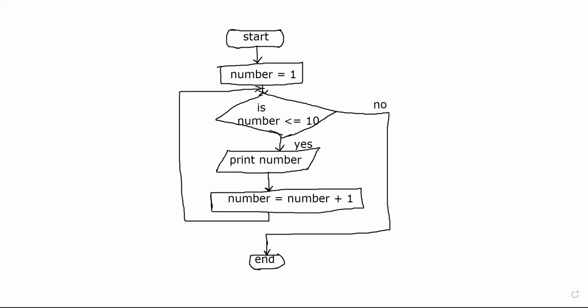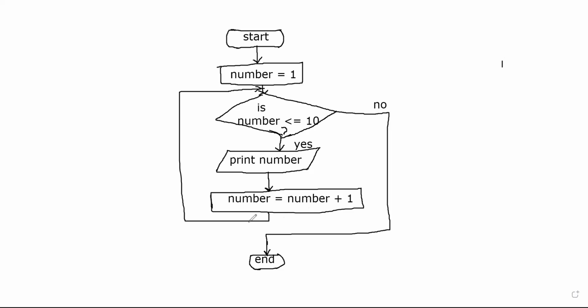So now we will see what will happen here. You start this, you get a variable and you assign it to 1, and then you check whether the number is less than or equal to 10. So the question mark, we will put it here. Yes, it's less than or equal to 10. Then you print number. So that will print 1. Right, number, now you are going to increase by 1.